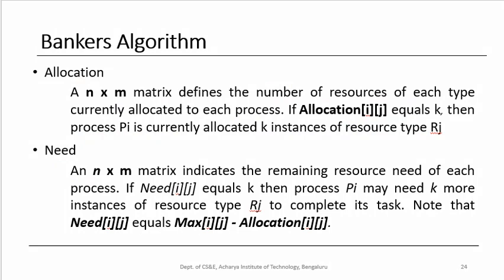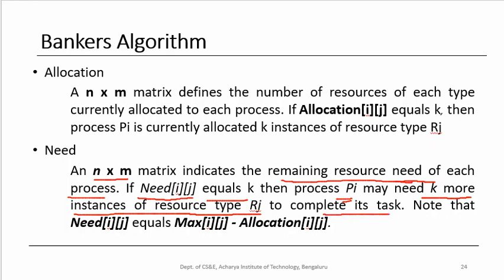This is also a matrix of order n cross m, which indicates the remaining resource need of each process. That is, if need of i comma j equals k, then process Pi may need k more instances of resource type Rj to complete its task.